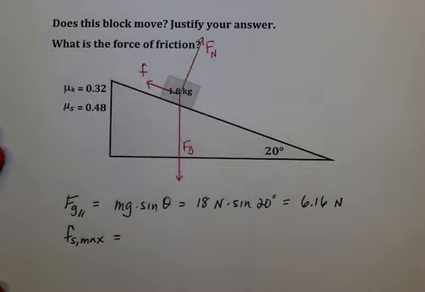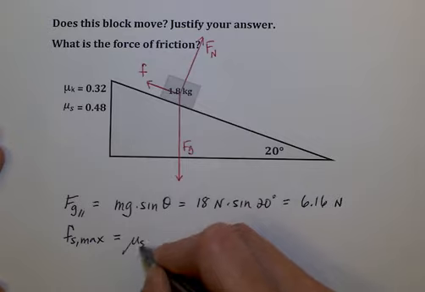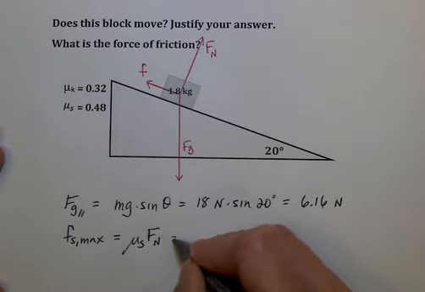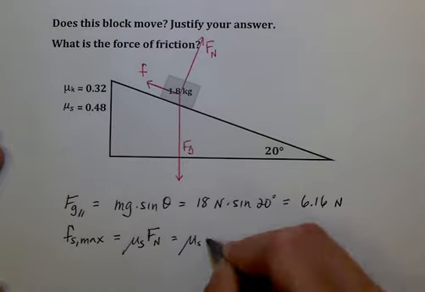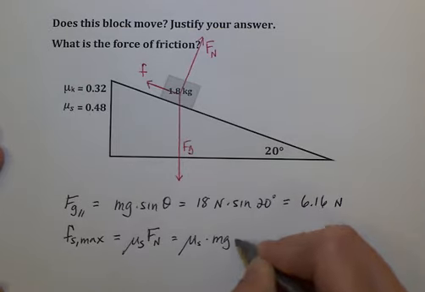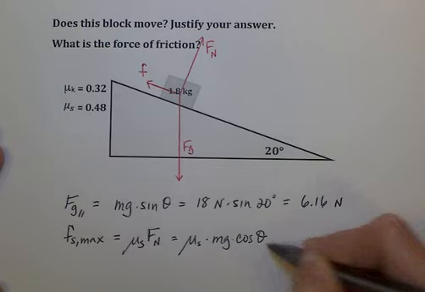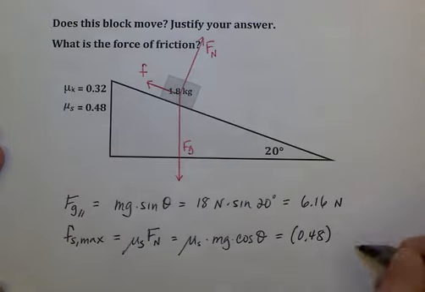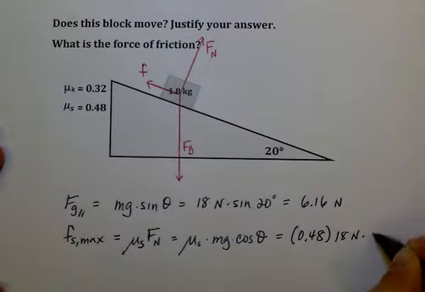The maximum static force would be mu sub s times the normal force, which in this case would be mu sub s times mg cosine of theta. So making sure I use the right value of mu, 0.48 times 18 newtons cosine of 20.